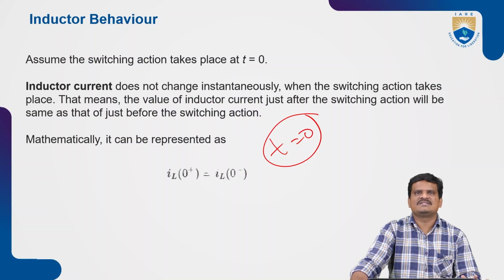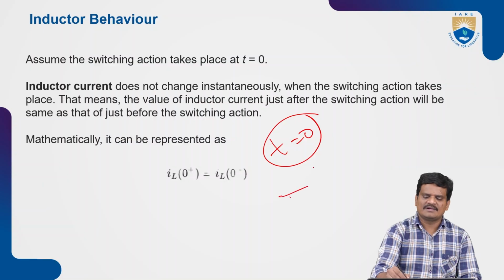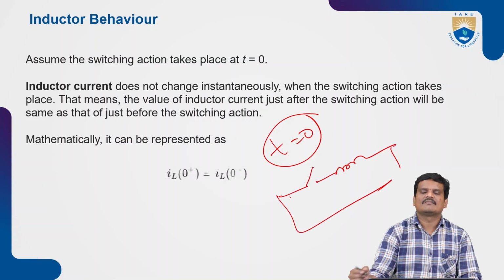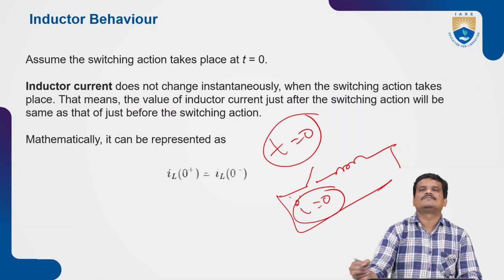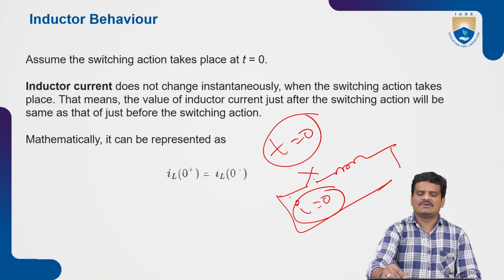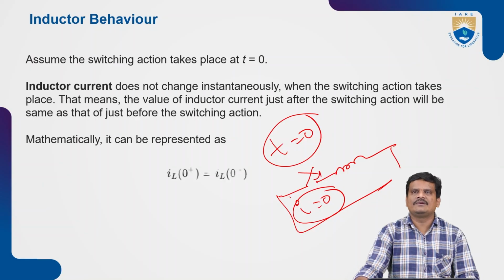The second property is that it opposes sudden changes in the value of current. Suppose let me take a circuit like this, and it is a purely inductive circuit. Previously the current flowing in the circuit was 0. And at t equal to 0, I am trying to close the switch.